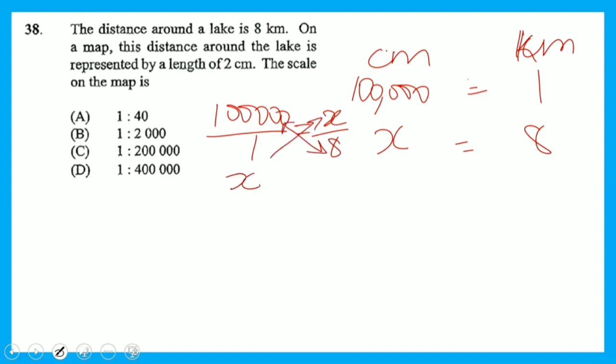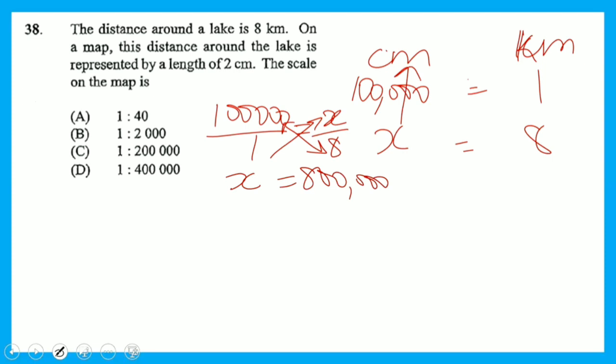All right, so we have x times 1, which is x, 8 times 100,000, which is 800,000. So in real life, the distance around the lake measures 800,000 centimeters. That was what we wanted to find. That's what x represents. 800,000 centimeters.